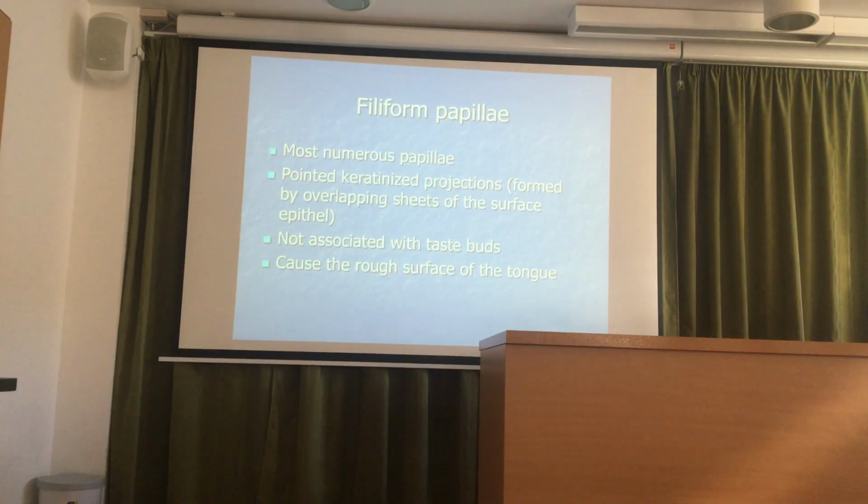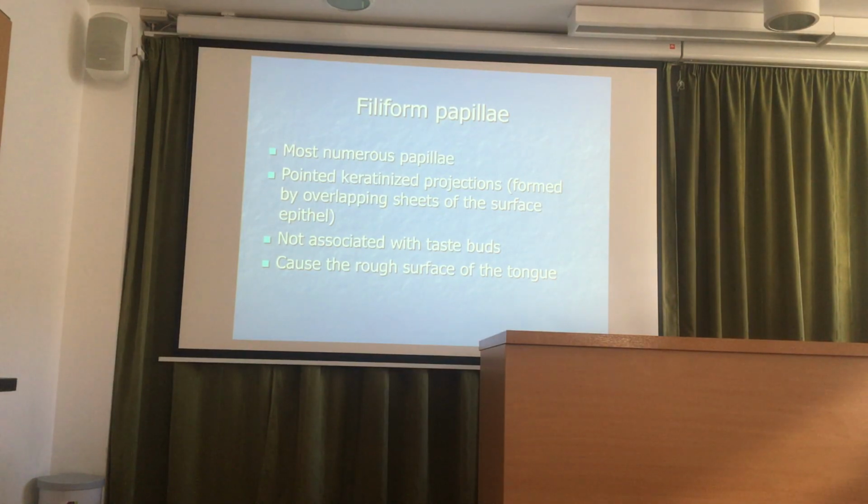Let's talk about each papilla. The most numerous papillae are the filiform papillae. These are pointed keratinized projections formed by overlapping sheets of surface epithelium. I will show you a picture, okay? Wait a little. So, why is it important? What is the function of the filiform papillae? Basically, they make a rough surface.